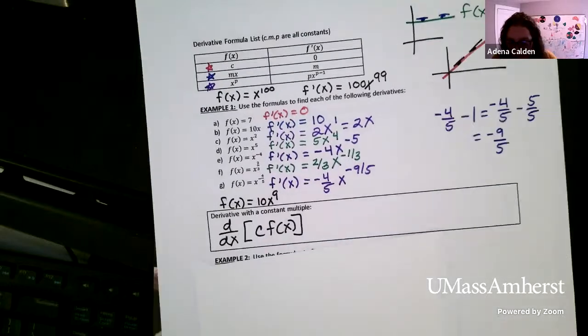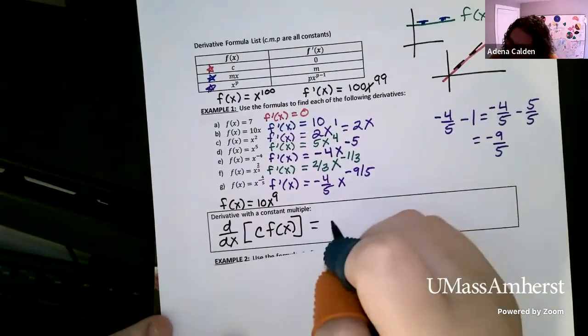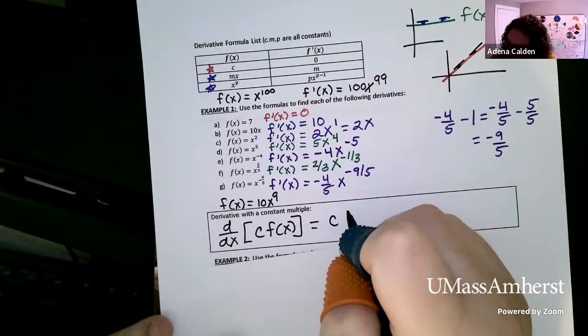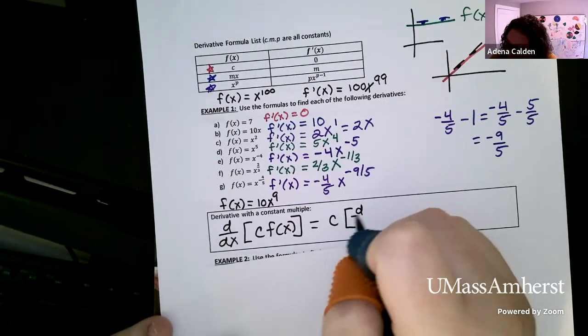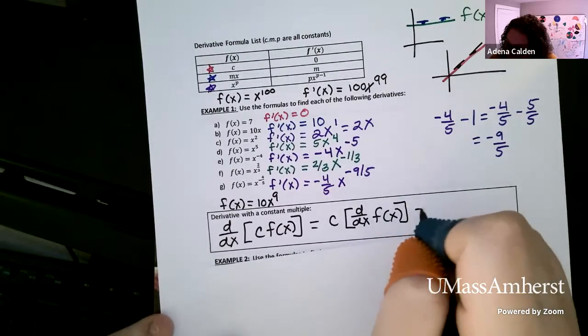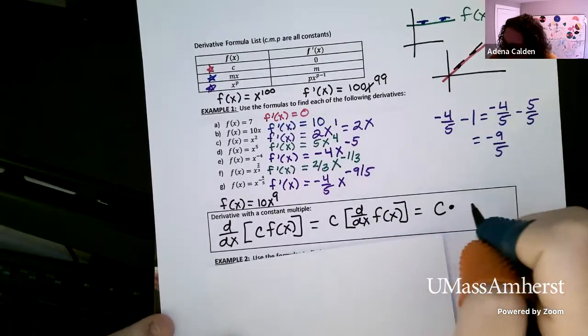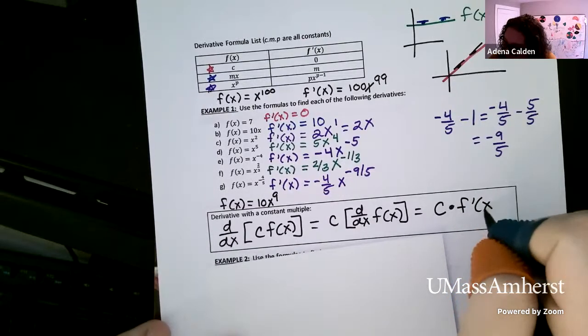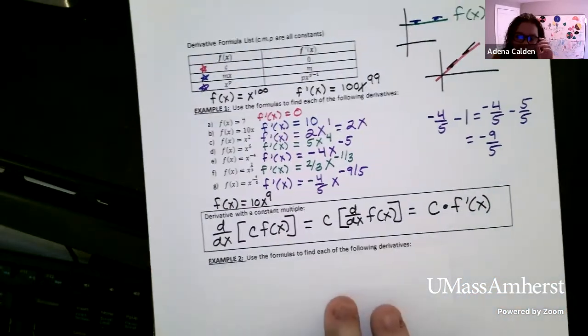Does anything change? What we find out is that the constant can be pulled out front, and we can take the derivative of the function just like we did before, and we end up with constant times f prime of x. What does that mean?